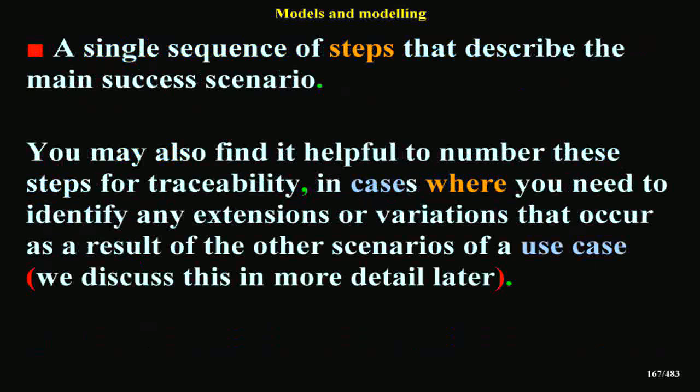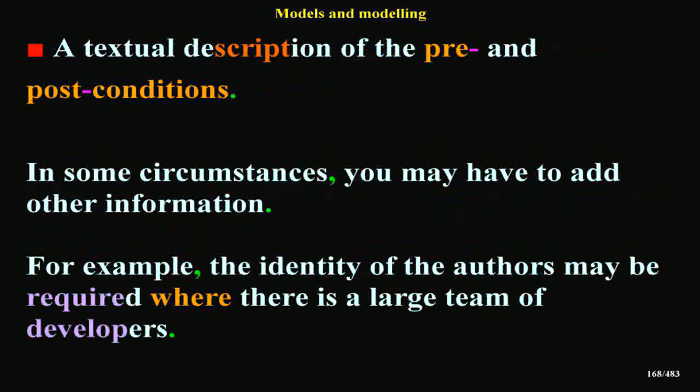You may also find it helpful to number these steps for traceability, in cases where you need to identify any extensions or variations that occur as a result of the other scenarios of a use case. We discuss this in more detail later. A textual description of the pre- and post-conditions. In some circumstances, you may have to add other information.